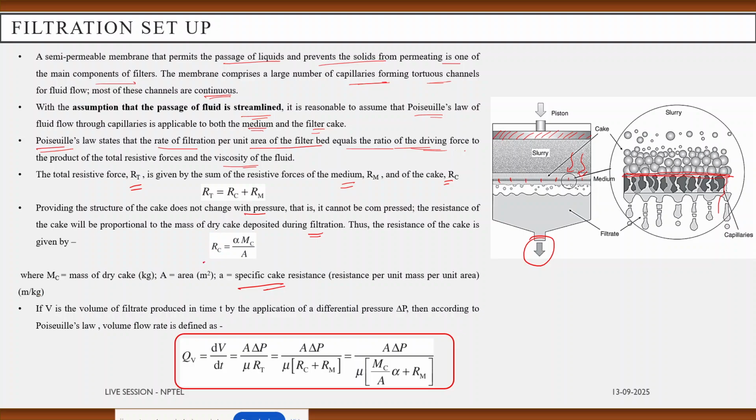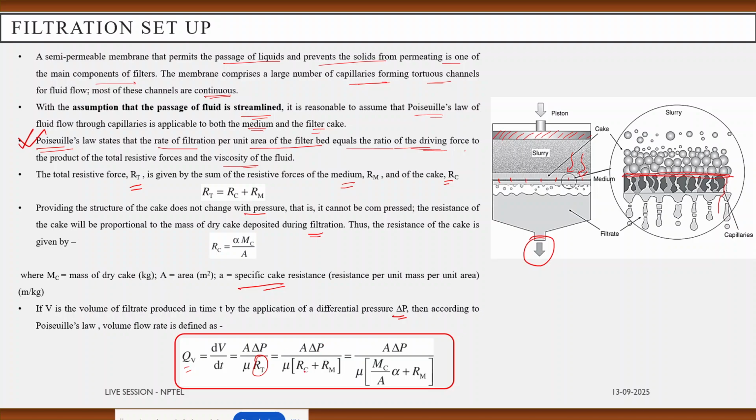Now that we have defined Rc, the resistance inside the cake layer, we can derive the volumetric flow rate through the filter. If V is the volume of the filtrate passed through the filter in time t by the application of the differential pressure delta P, then according to Poiseuille's law, the volumetric flow rate dV by dt is A into delta P by mu into RT, where RT is the total resistance.